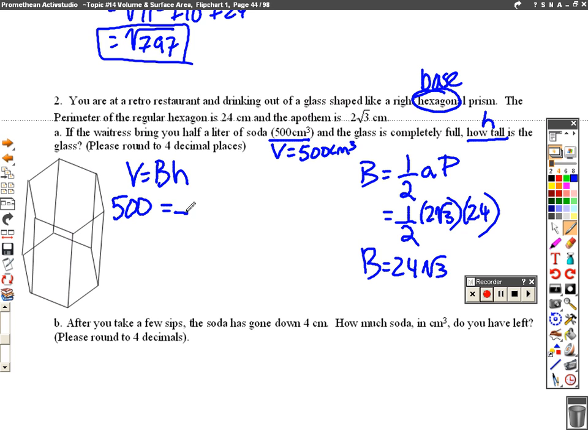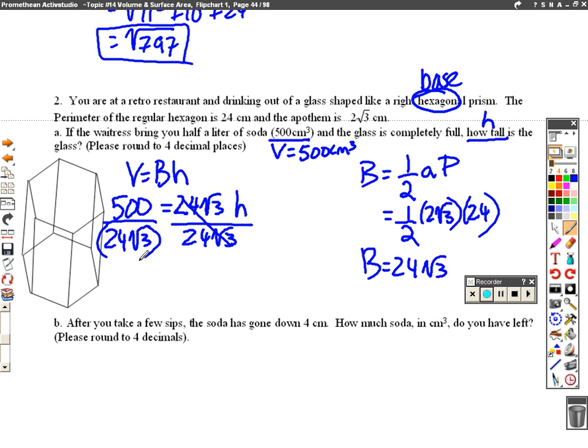Let's go back and use it in our equation. So we've got 24 root 3 times h. And h is what we're solving for. So to get this by itself, we're going to divide by 24 root 3. Now I'm going to put parentheses around this because when you put this in your calculator, you have to put parentheses around that number in the denominator.